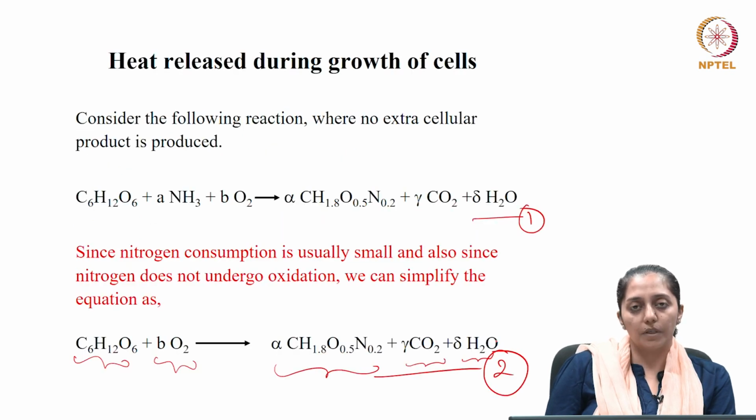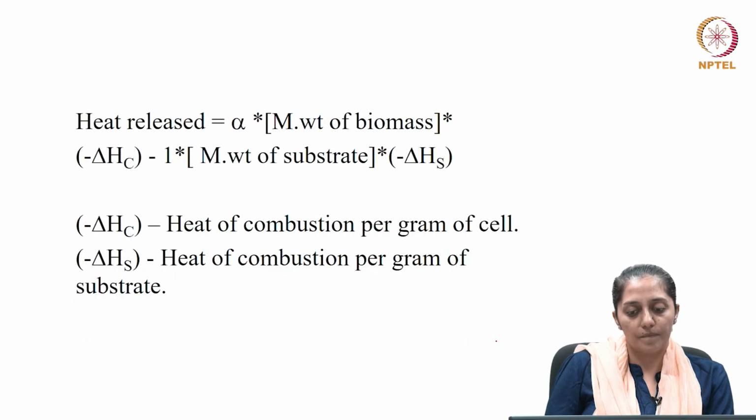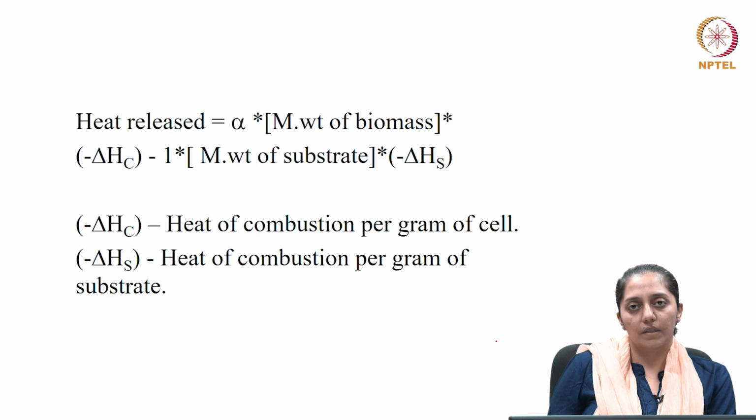So, we are doing it for the 1 mole of glucose consumed, minus the molecular weight of substrate multiplied by the heat of combustion of the substrate. This difference will give us the amount of heat released during the biomass formation.